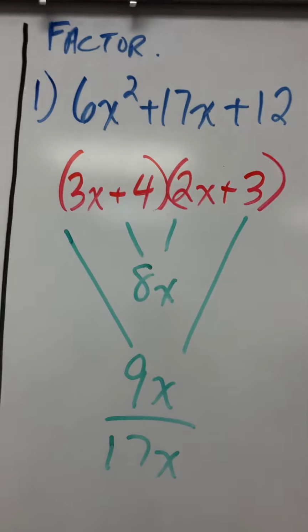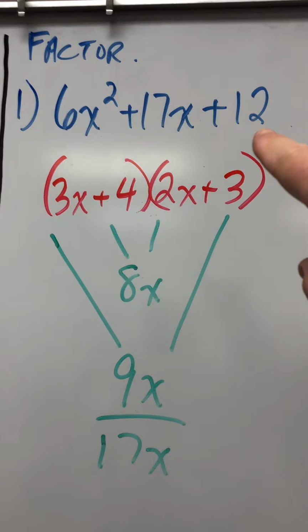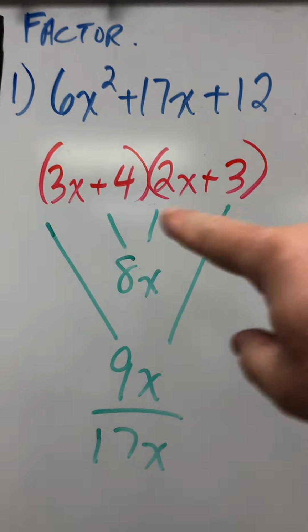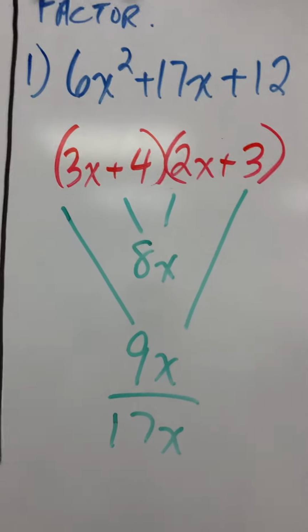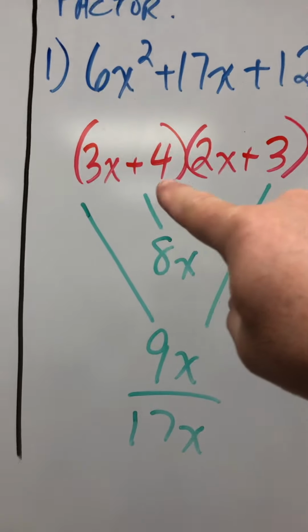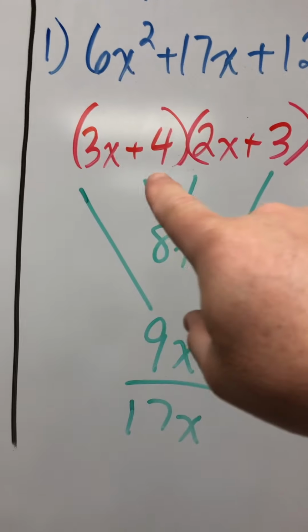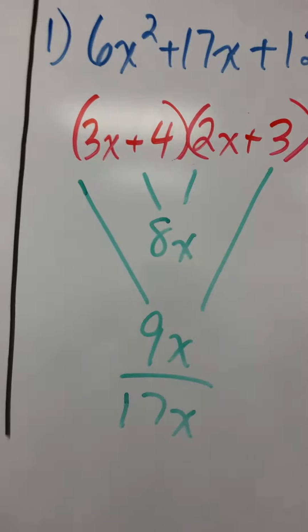So what I have to do is say what times what makes 6 and what times what makes 12, and then I have to check. And by the way, you will never have 2 3's in the same set of parentheses.